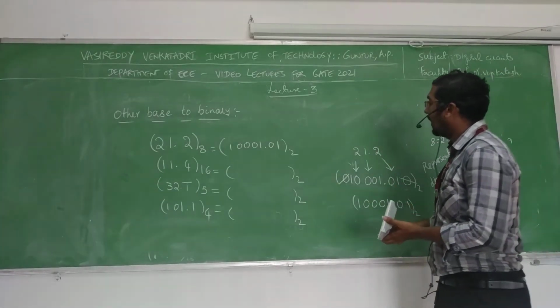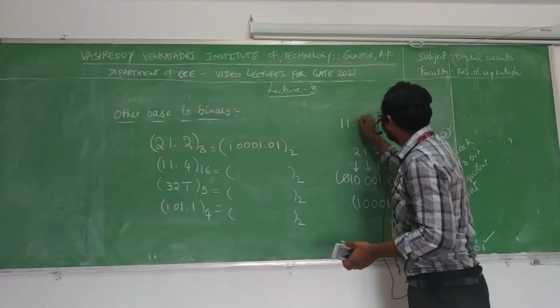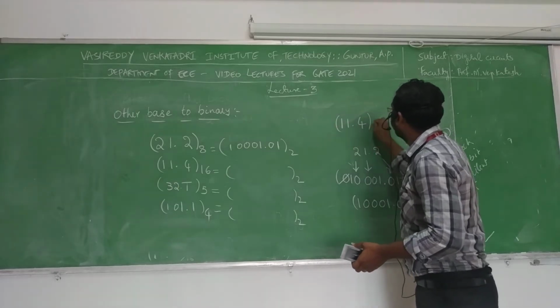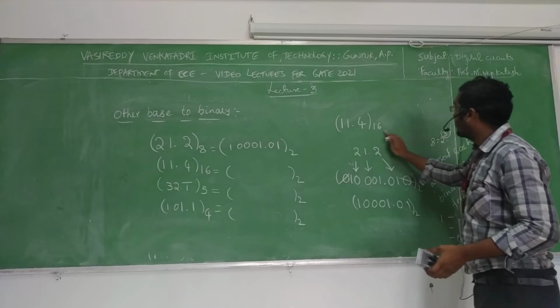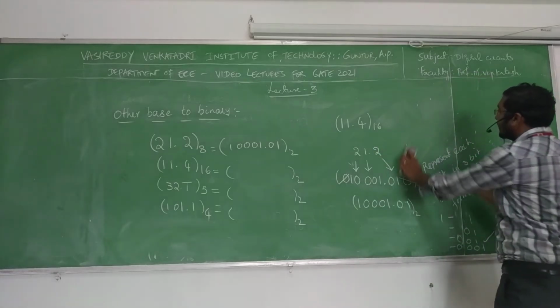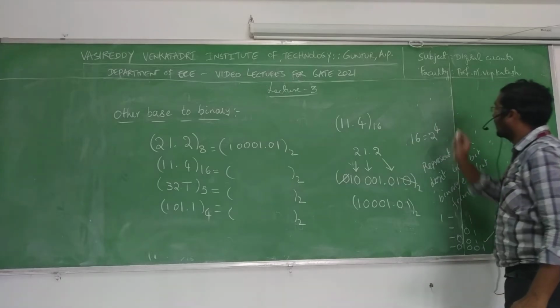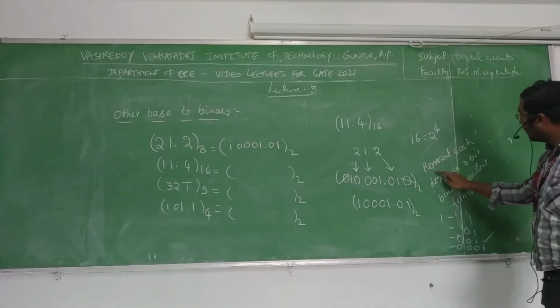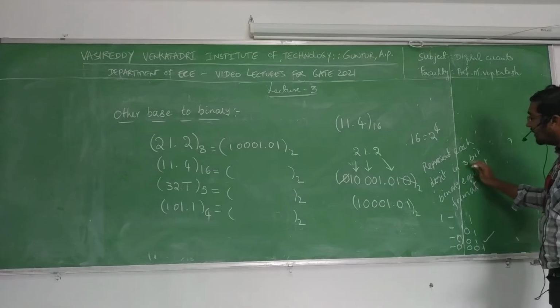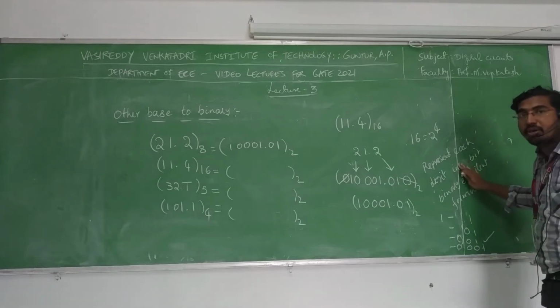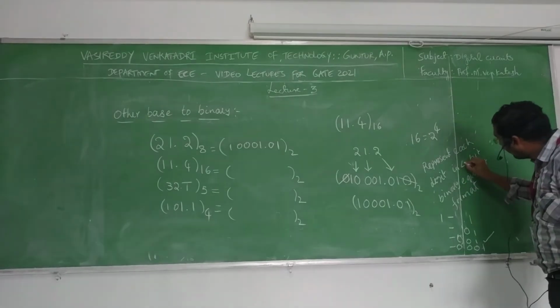Next, we consider hexadecimal 11.4, and it's base 16. Now here the base is 16. So what is 16 here? 16 is 2 power 4. As 16 is 2 power 4, we have to represent each digit in how many bits? 4 bits.